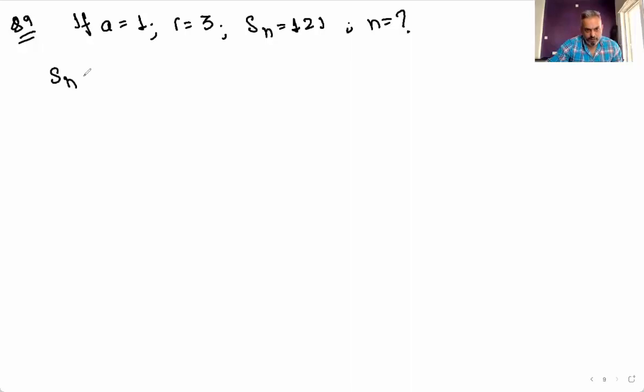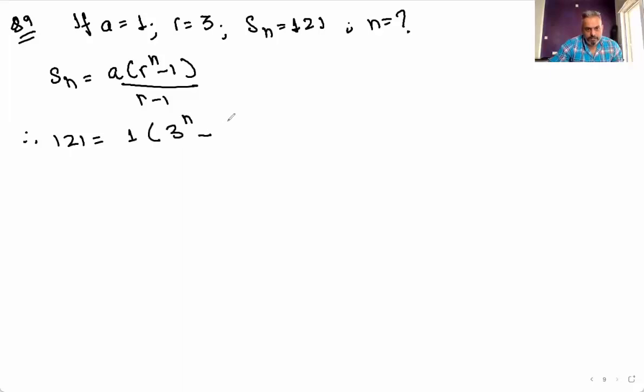So we write the formula. Sn is equal to A into R raised to n minus 1 upon R minus 1. So therefore 121 is equal to A is 1, R is 3 raised to n minus 1 upon 3 minus 1, which is 2.